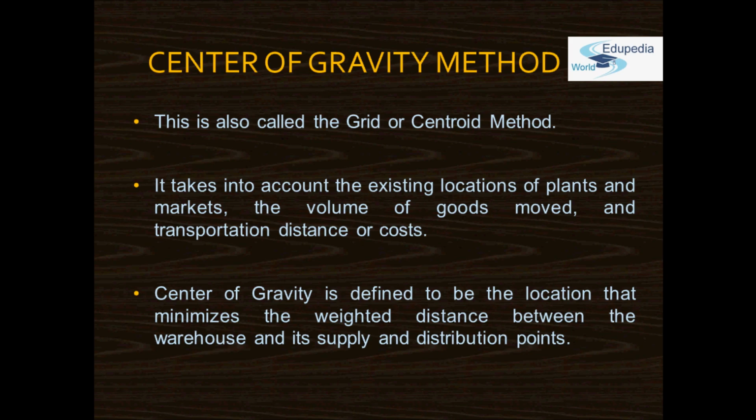Alright, so now let's understand what basically is the center of gravity. Well, don't confuse it with the term center of gravity in physics, although you can draw some parallel. Here center of gravity is defined to be the location that minimizes the weighted distance between the warehouse and its supply and distribution points, where the distance is weighted by the number of tons of goods supplied or consumed.